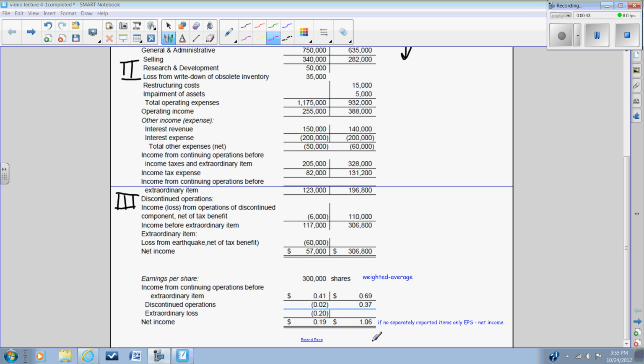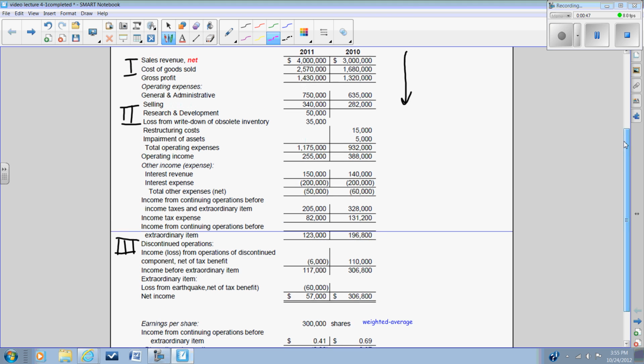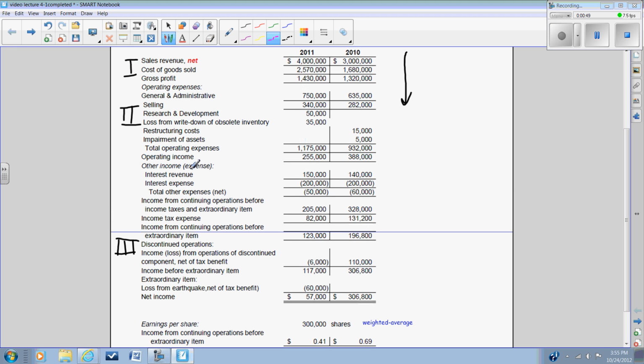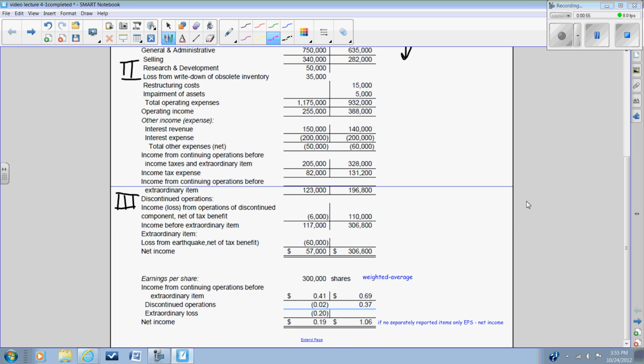If a company has no separately reported items, that is, there are no discontinued operations, no extraordinary items, no prior period adjustments brought about by an accounting error, then only one earnings per share amount is going to be reported, and that is earnings per share based off of net income.